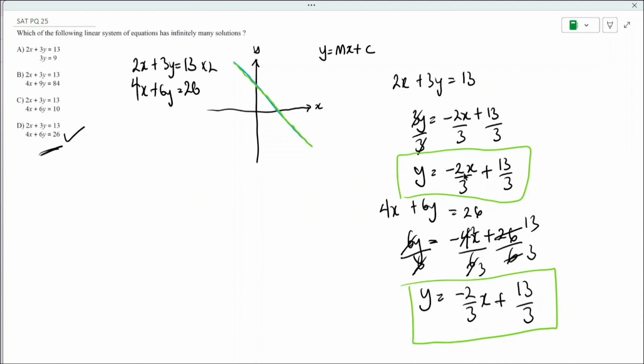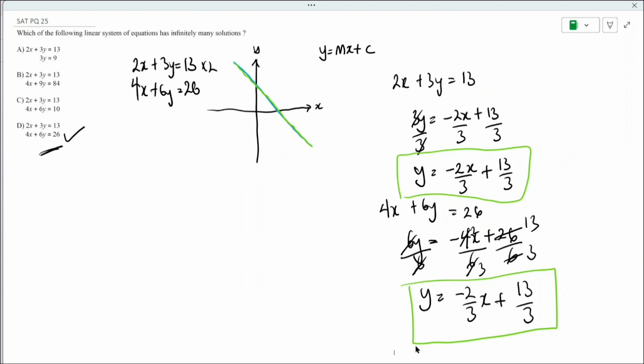The gradient of this is negative 2 over 3, which is the coefficient of x. Same as this, you have it as negative 2 over 3. While the y-intercept of the first equation is 13 over 3, and that of the second is also 13 over 3. That shows the system has infinitely many solutions. That the second line is on the first line, or the first line and the second line are the same.